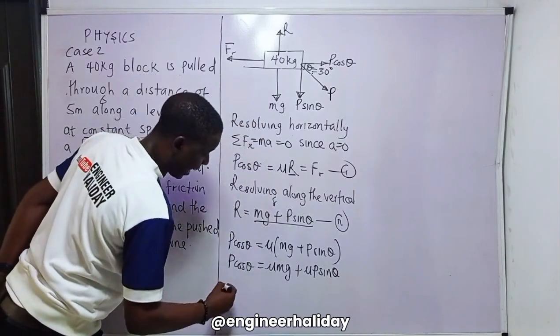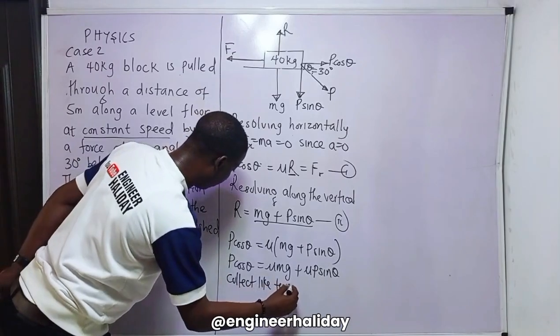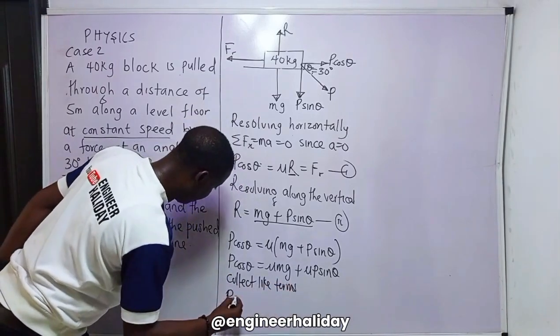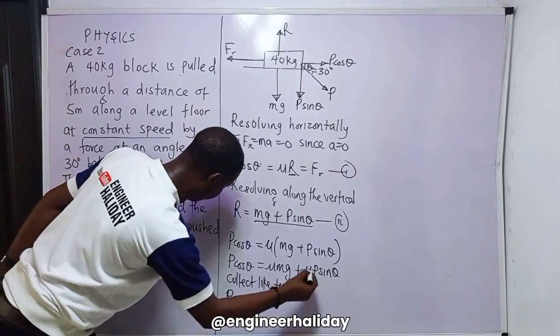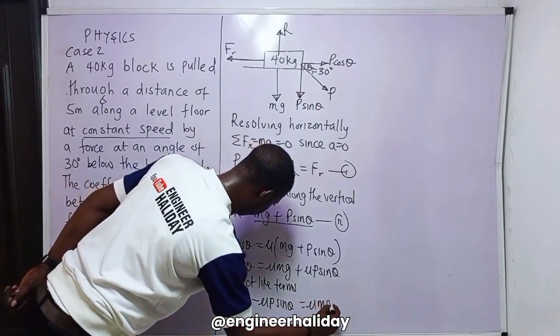Collecting like terms, we have P cos theta minus mu P sin theta equal to mu mg.